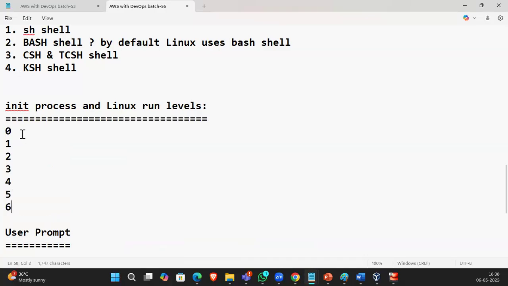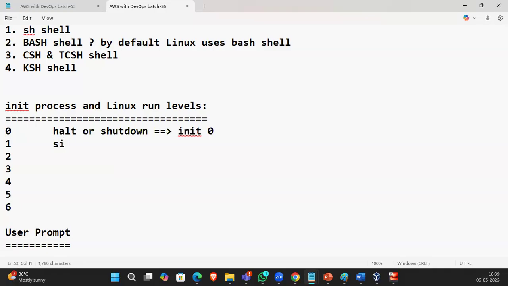So how many run levels do we have? Six run levels. What is the description for each run level? If you use run level 0, it is halt or shutdown. How can you shut down your machine, guys? By using init 0. Init 0 will shut down your machine. Understood?